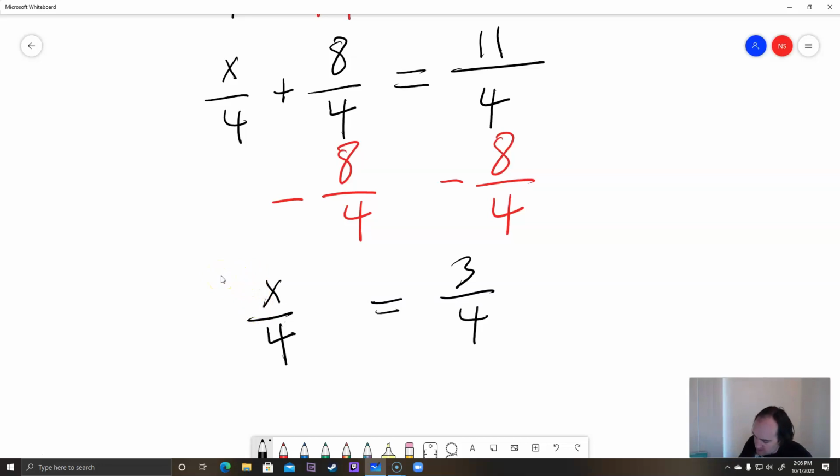So we actually have 1x over 4. That's our fraction on the left side. And we want to multiply both sides by the reciprocal. So reciprocal means you flip it over. So instead of 1 over 4, we're going to be multiplying both sides by 4 over 1.